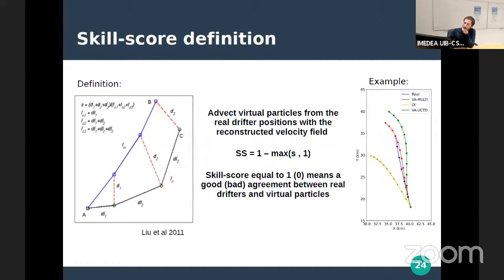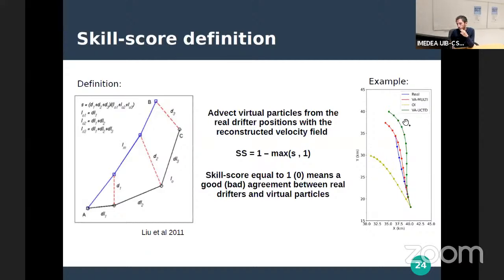Basically, the idea is to compare the real drifter trajectories with virtual drifters advected using the velocity field that we want to compare. The skill score is normalized, so it's equal to 1 when there is a good agreement between a real drifter and virtual particles, and 0 when there is a bad agreement.